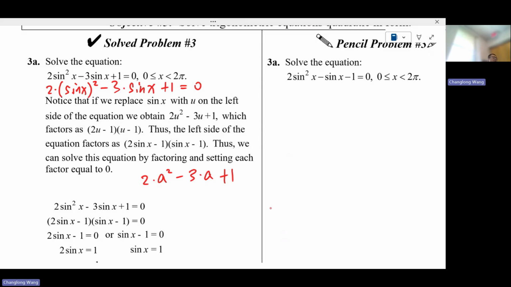I think the way I was referring to the method was the AC method or slide and divide kind of thing. So no matter how you do it, maybe you learned it from your algebra 2 teacher, at the end of the day, you're going to factor that as 2a minus 1, a minus 1.